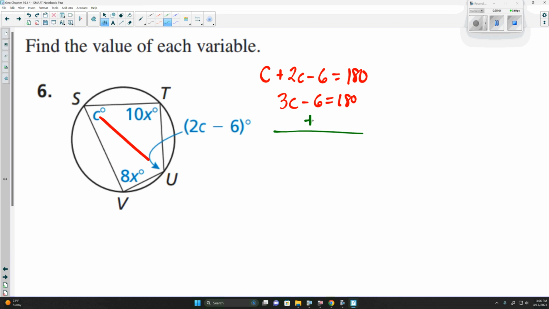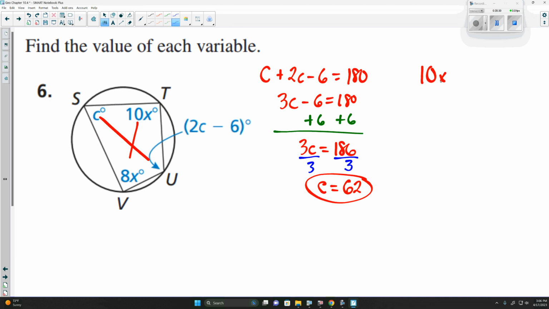We'd add 6. So the other side's 10x and 8x.